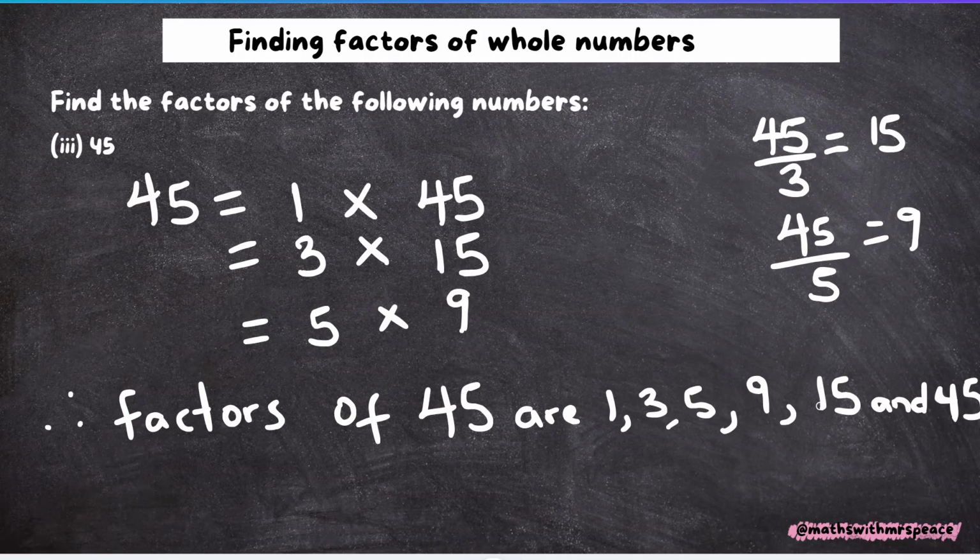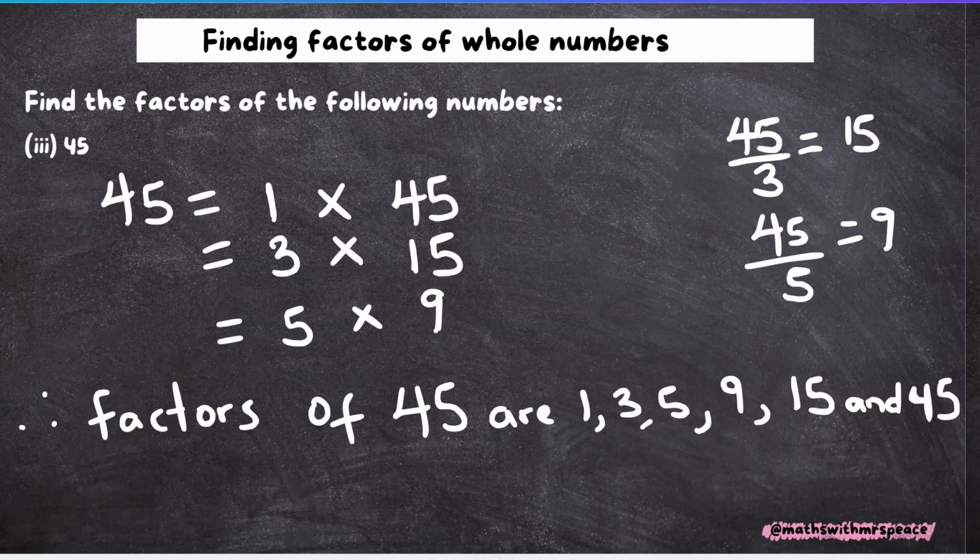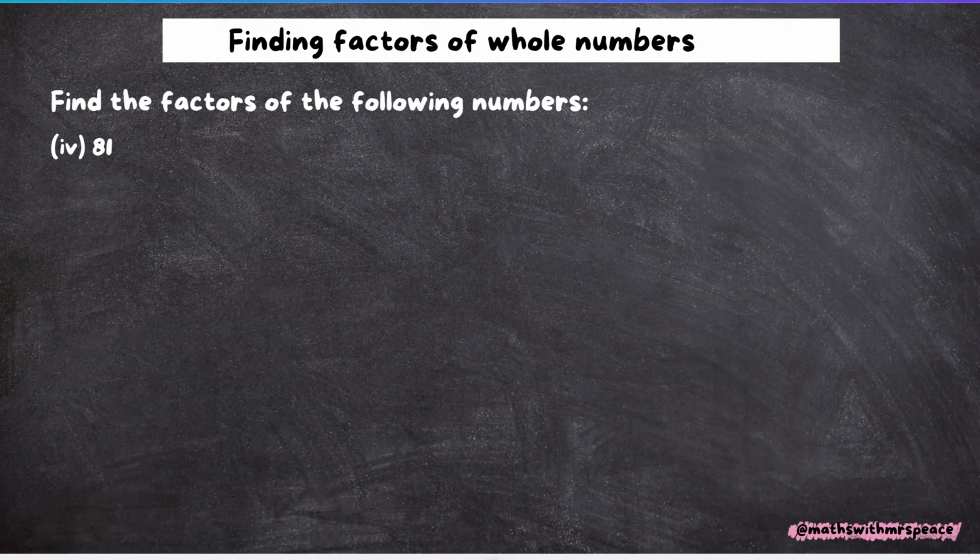So these are the list of factors of 45. And like I was saying, 1 times 45, 3 times 15, 5 times 9, an even number of factors. So those are all the factors of 45, and that's how to easily list all the factors of a whole number. And for our final example, we have 81.